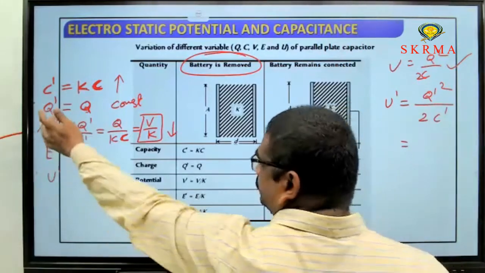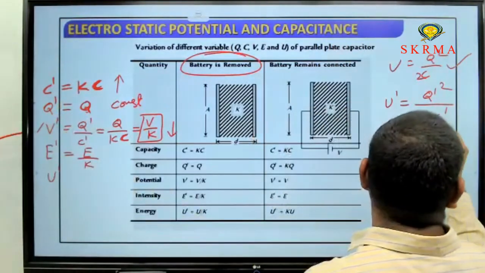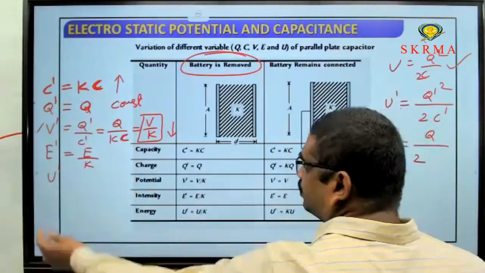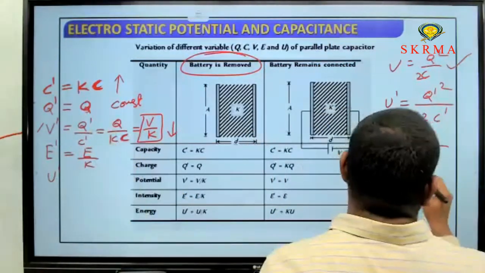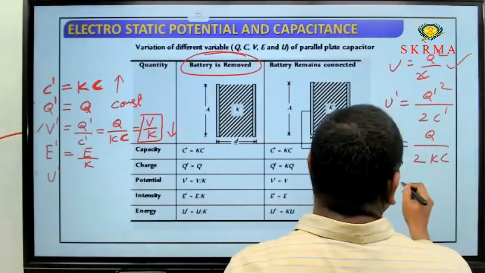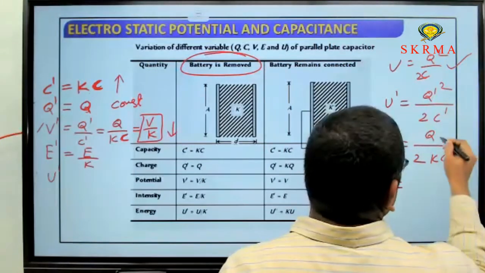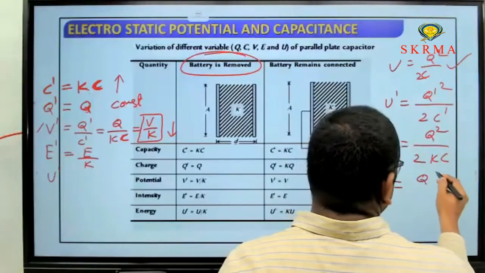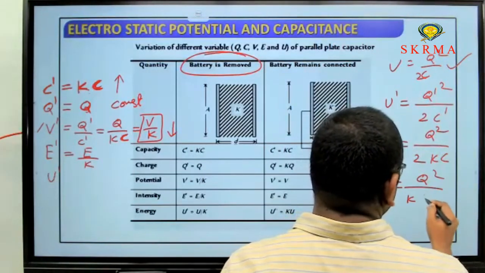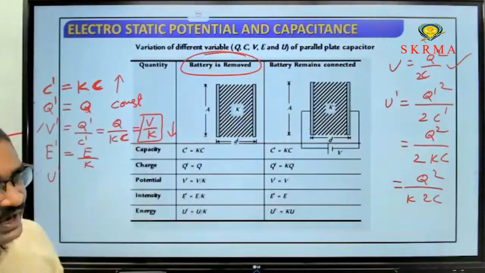What is the value of Q dash? Q only, by 2 into, what is the value of C dash? K into C. So Q square by K into 2C. Can I write like this?